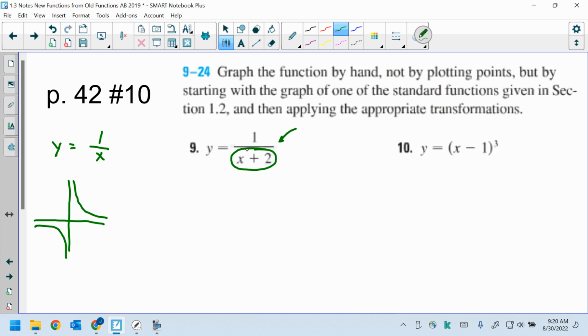And so if I say x plus 2, I'd think that moves things to the right 2, but I know it moves things to the left 2. I think my vertical asymptote now, instead of being at 0, is going to be over here. That's a horizontal shift to the left of 2.